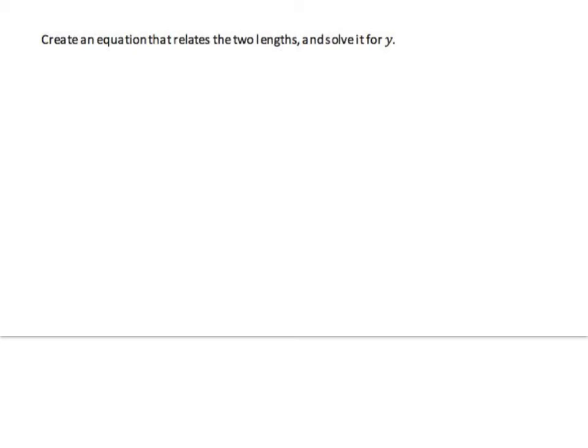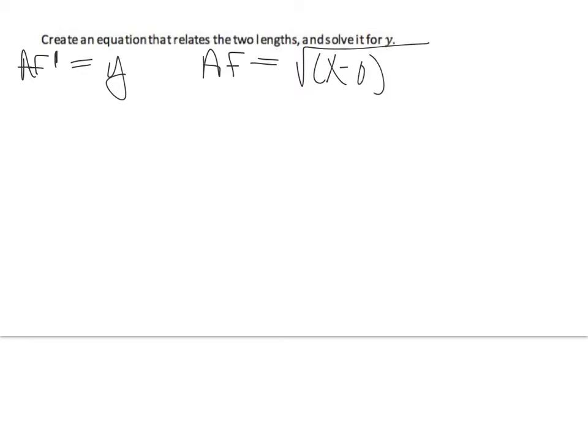Create an equation that relates the two lengths and solve it for y. So the two lengths we had: AF prime equals y, and AF equals the square root of (x minus 0) squared plus (y minus 2) squared.